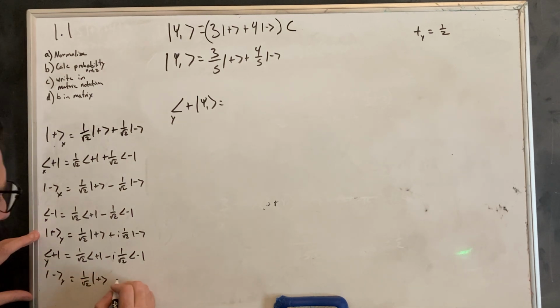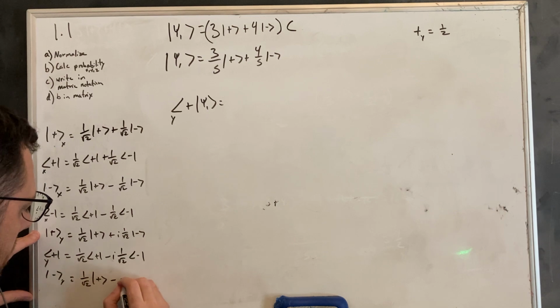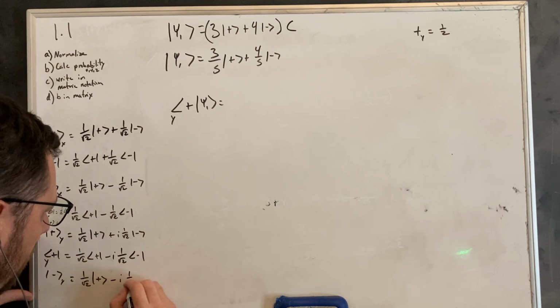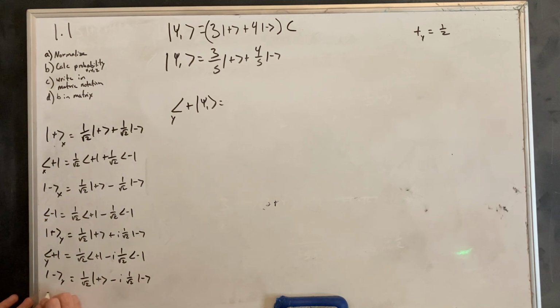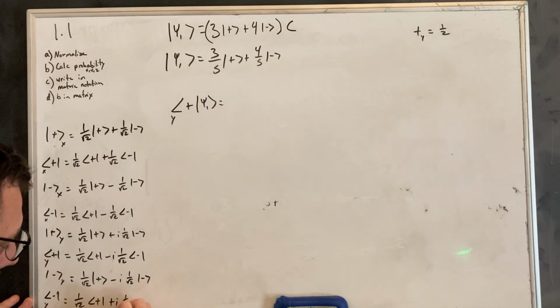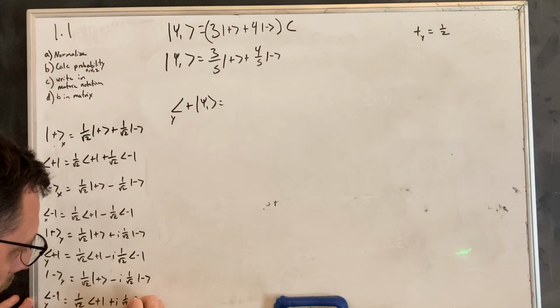I think this one was minus i 1 over root 2 down. But then when we take the complex conjugate of that, hope this is right, that's going to be 1 over root 2 bra up plus i 1 over root 2 down.